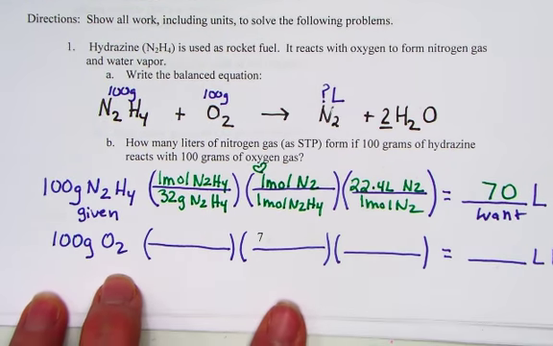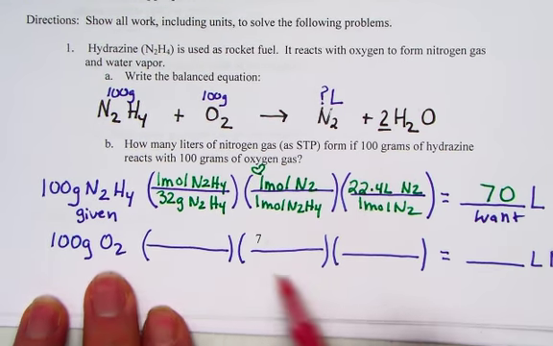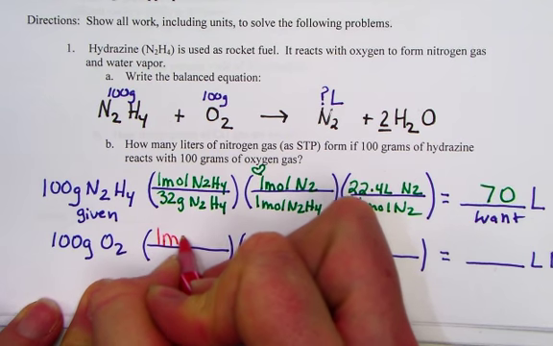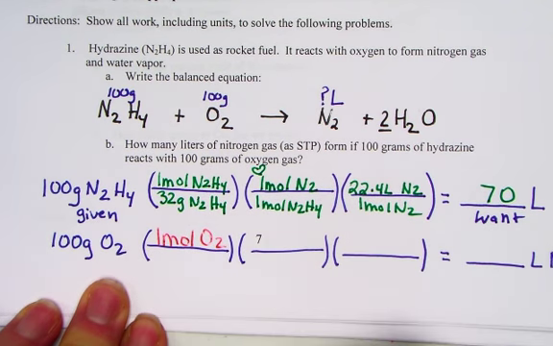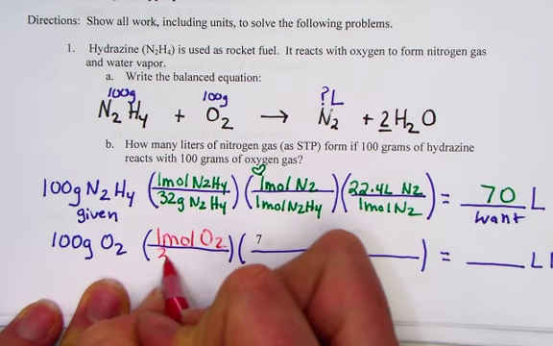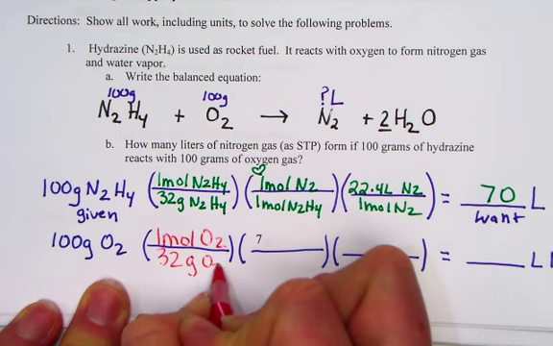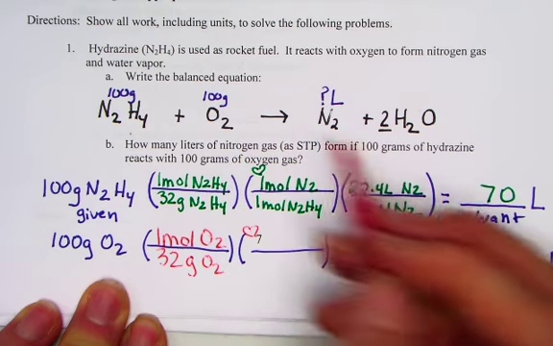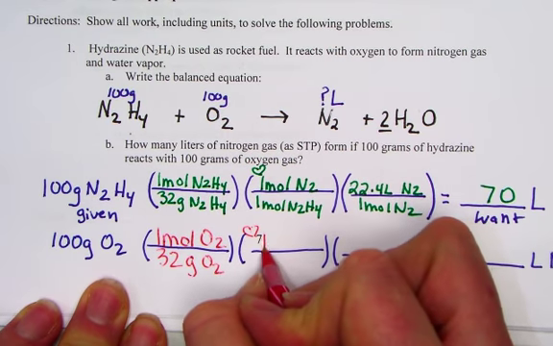In my second problem, let's do the same journey but begin with the other reactant, the oxygen. 1 mole of oxygen with its molar mass of 32 grams. The heart of our problem is the want over given stoichiometric ratio.